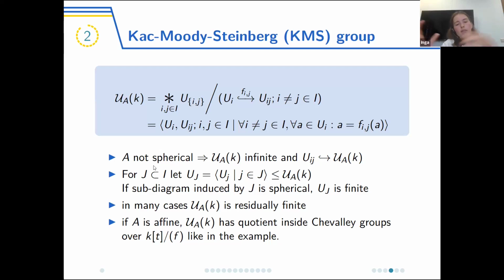For each subset J of vertices of our Dynkin diagram, we can define a subgroup U_J that is generated by all the groups corresponding to the vertices. If the subdiagram induced by this subset of vertices is spherical, the group U_J will also be finite.